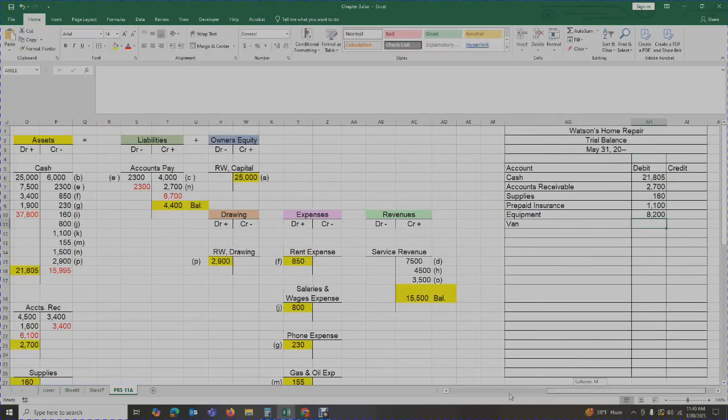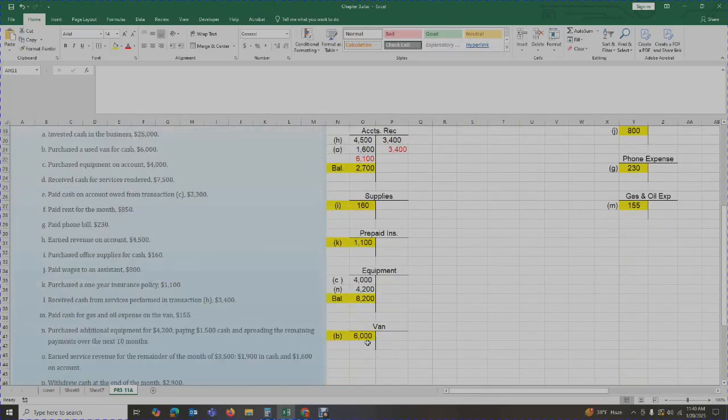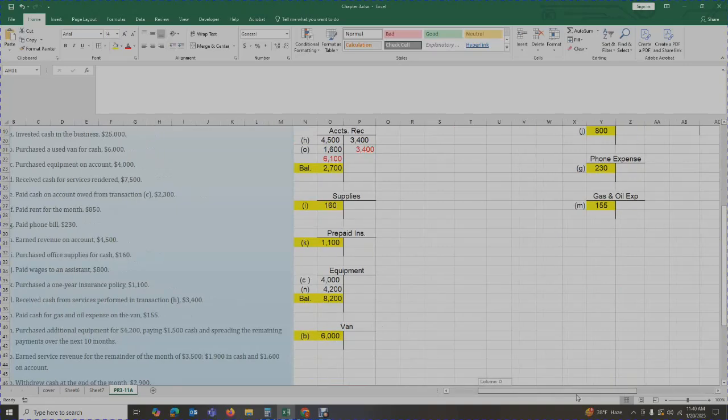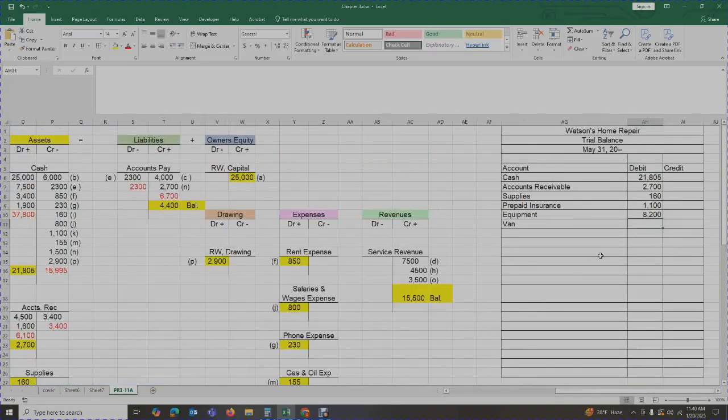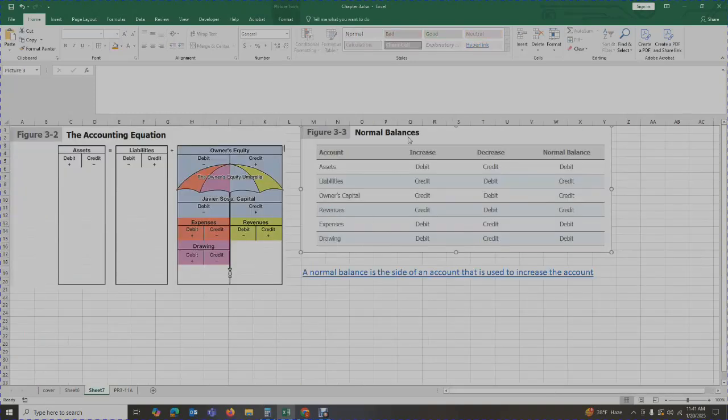And then last but not least, I've got the van, 6,000 debit. These are all of my asset accounts, and they all have a normal balance of a debit. Why? Because that is the normal balance. If you look at figure 3.3, assets have a normal balance of a debit. So all of your assets should have a debit balance at the end when you balance them out.